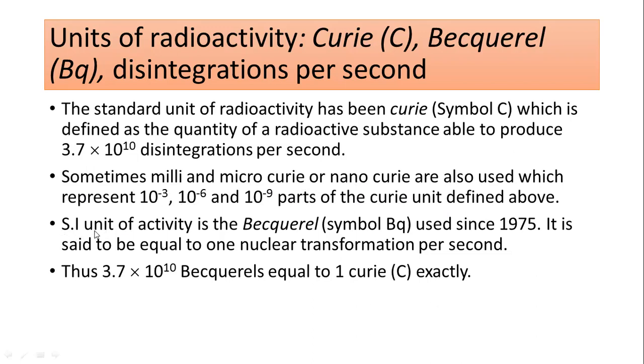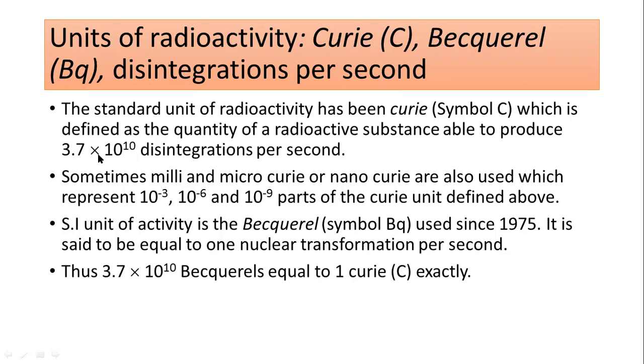This is important: the SI unit of activity is the Becquerel, and we represent it as Bq, capital B, small q, since 1975. It is defined as one nuclear transformation per second. That means one nuclear disintegration per second. So this is called the Becquerel.